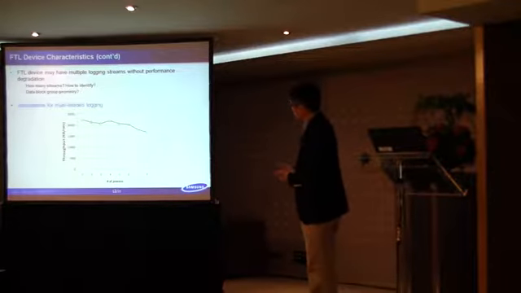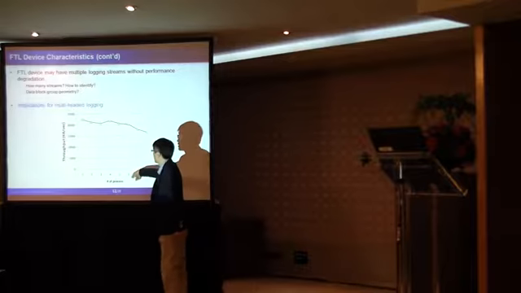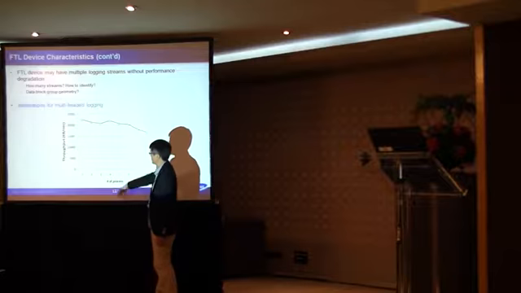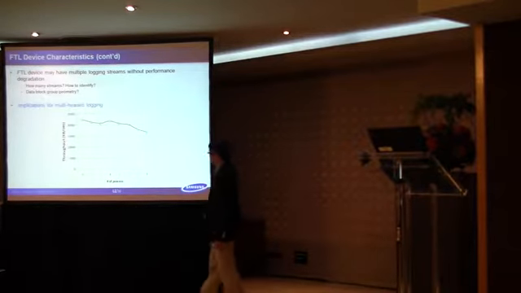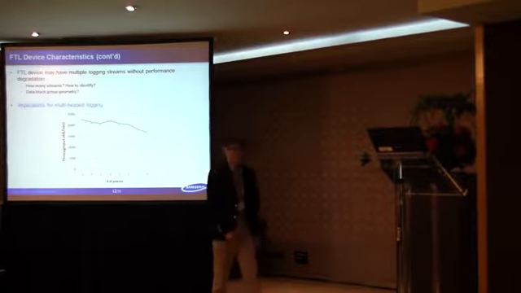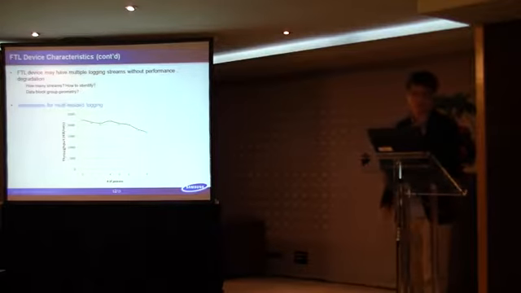As you can see, the number of processes can be increased up to 6 without much performance degradation compared to a single process. But after that, the performance is much degraded. So this is a very interesting characteristic of the FTL device.